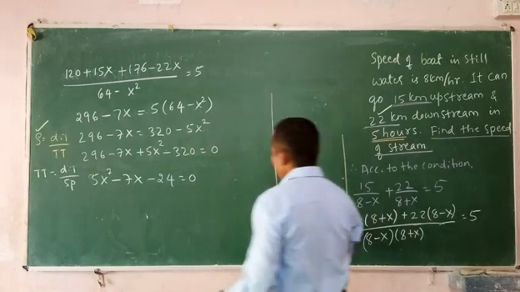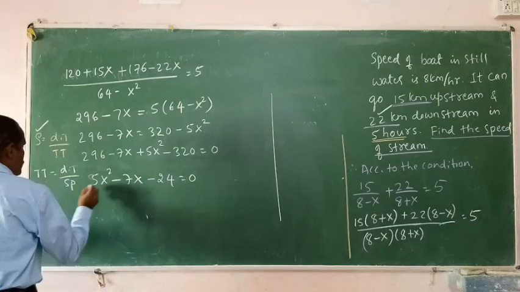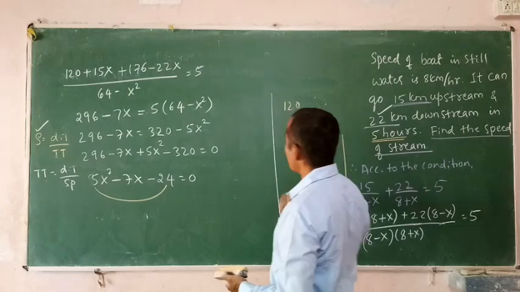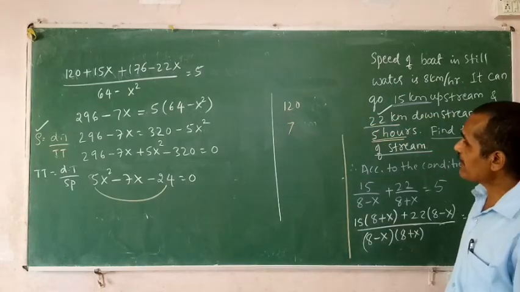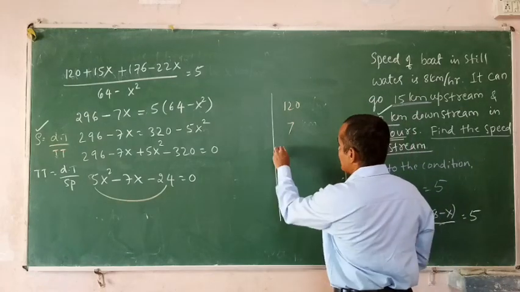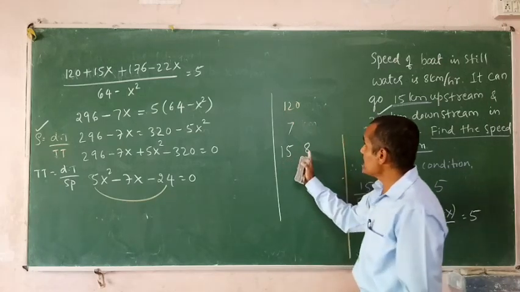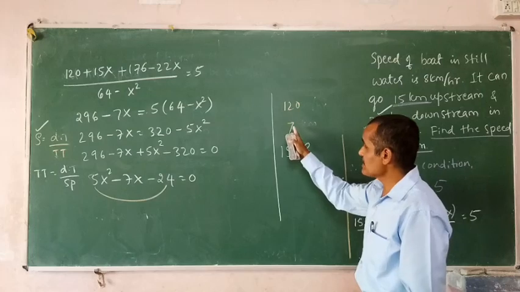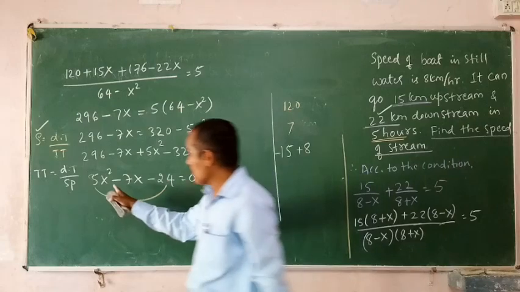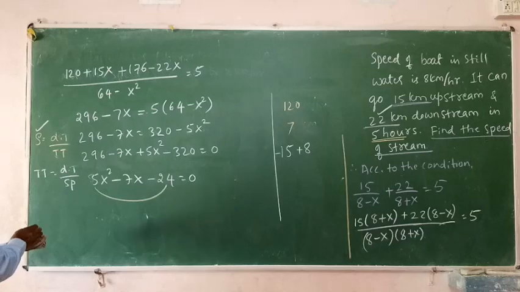If you multiply, you should get 24 5s are 120, and if you subtract, the middle terms are 15 and 8. Multiply 120, subtract 7. Which sign? 15 minus and 8 plus. But I can't write directly because the coefficient of x square is 5, so I will go for the complete method.